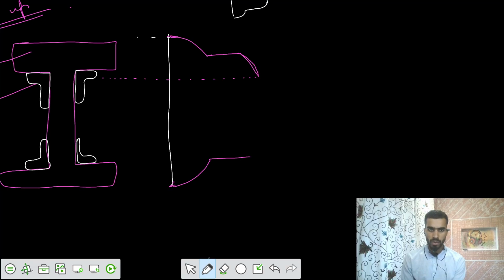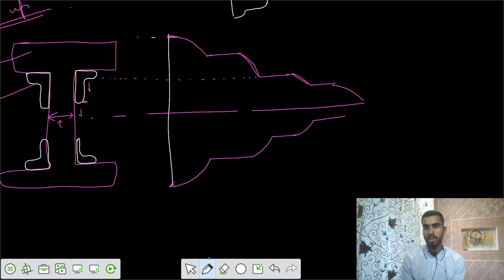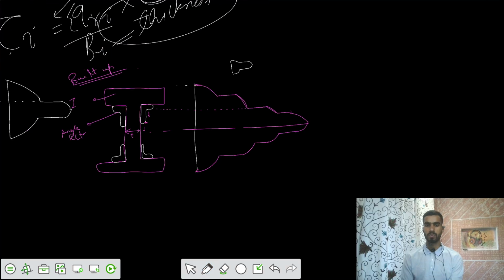But now your thickness is decreasing again, so the shear stress would again increase. After this point there is some parabolic variation. After that, the area is only this part, the final thickness, so there would be some increase again. Finally, after the neutral axis, we have a maximum value. This is your shear stress variation.